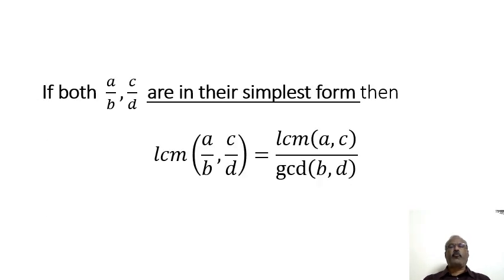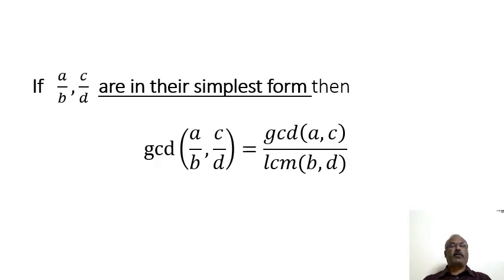If two fractions a over b and c over d are in their simplest form, then LCM of a over b and c over d equals LCM of a and c, that is LCM of the numerators of both fractions, over GCD of b and d, that is GCD of denominators of both fractions.